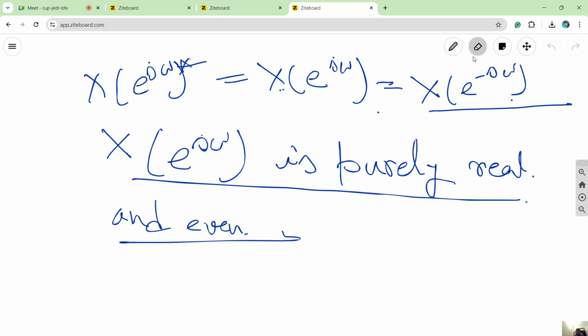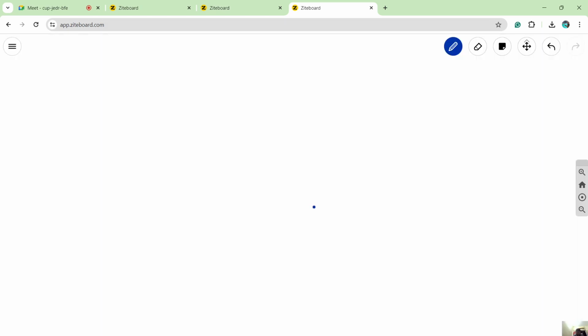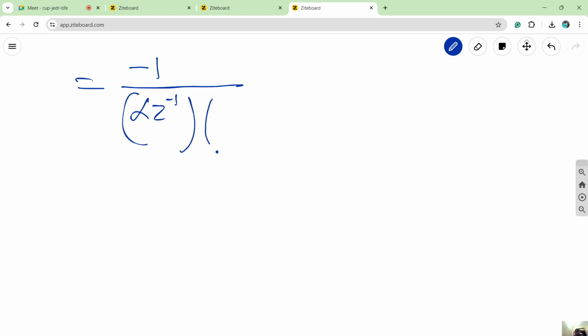And following this, we can write this is equal to minus 1 by alpha z inverse to 1 minus 1 by alpha z inverse.